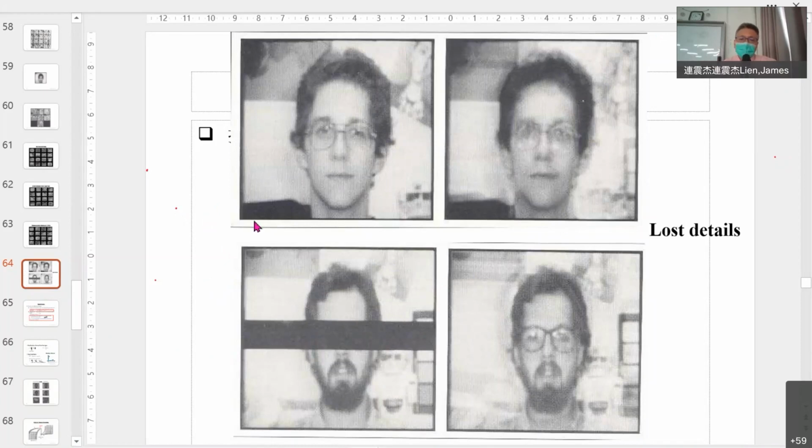That means if you have lost information here, you project this image to the eigenspace and get the projection weights. Based on the projection weights, a linear combination with the eigenfaces, you can reconstruct back to here, because your eigenspace has all the facial information.